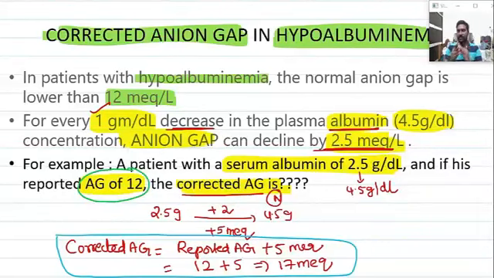But if I standardize it to normal albumin level, 4.5 gram per deciliter, now I came to know that his anion gap, if albumin was normal, will be 17 milliequivalent, which is high. So I can think that this patient might be having some high anion gap condition. So most probably it might be a high anion gap metabolic acidosis.